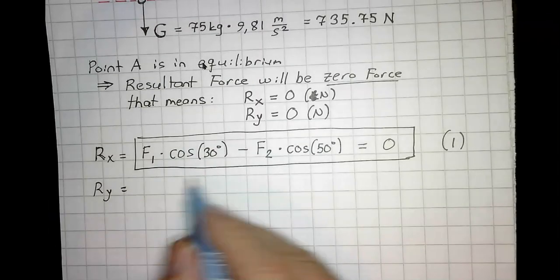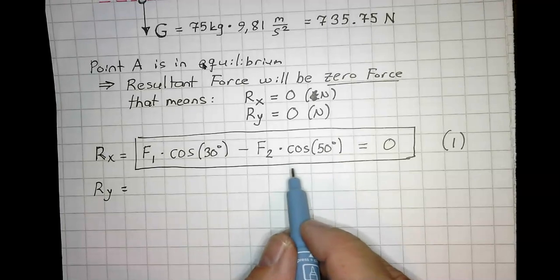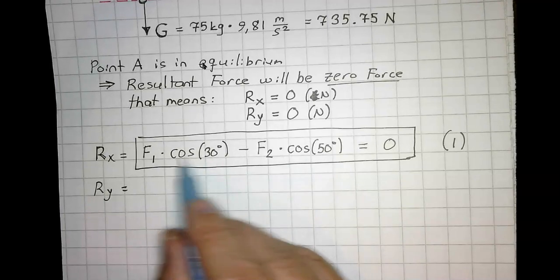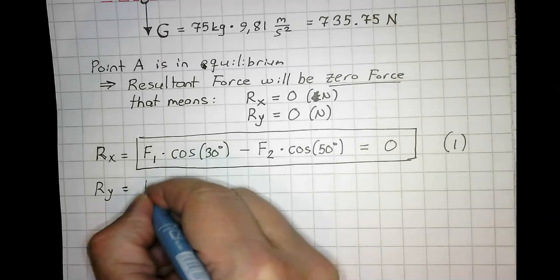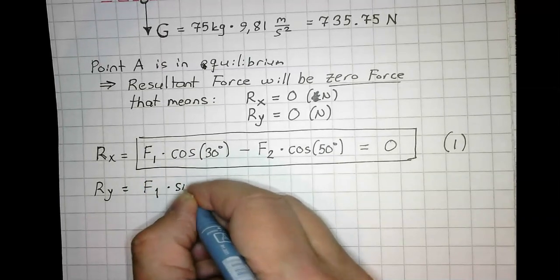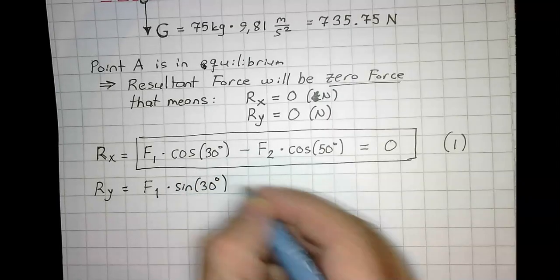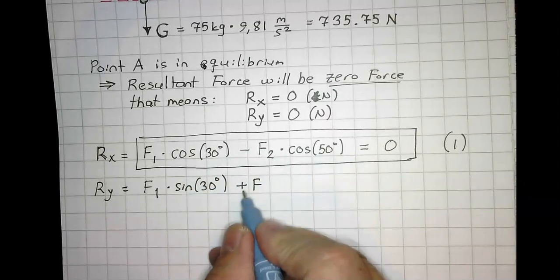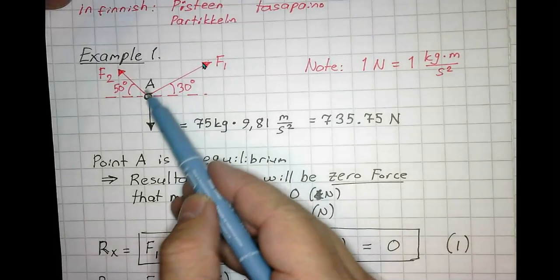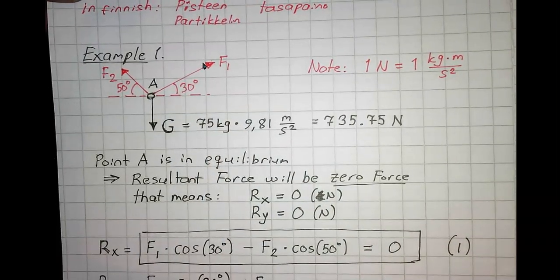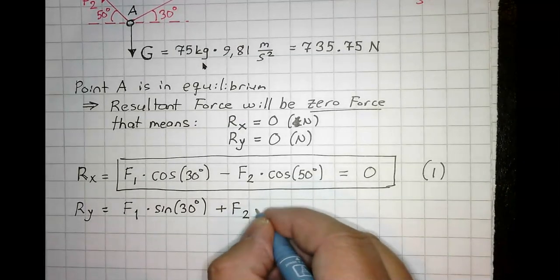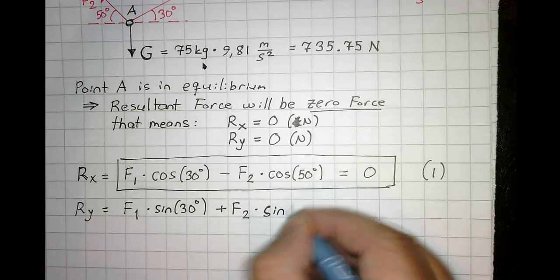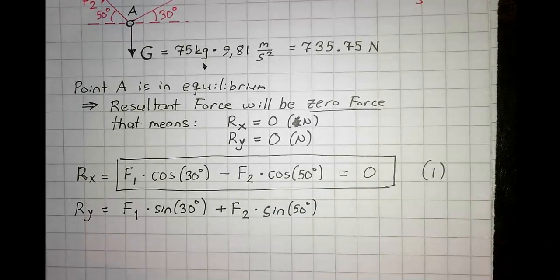So we get almost exactly same as here, but we just change this cosine to sine. So we get F1 times sine 30 plus F2. This is plus because this F2 is oriented upwards from that horizontal plane. Sorry, sine 50.